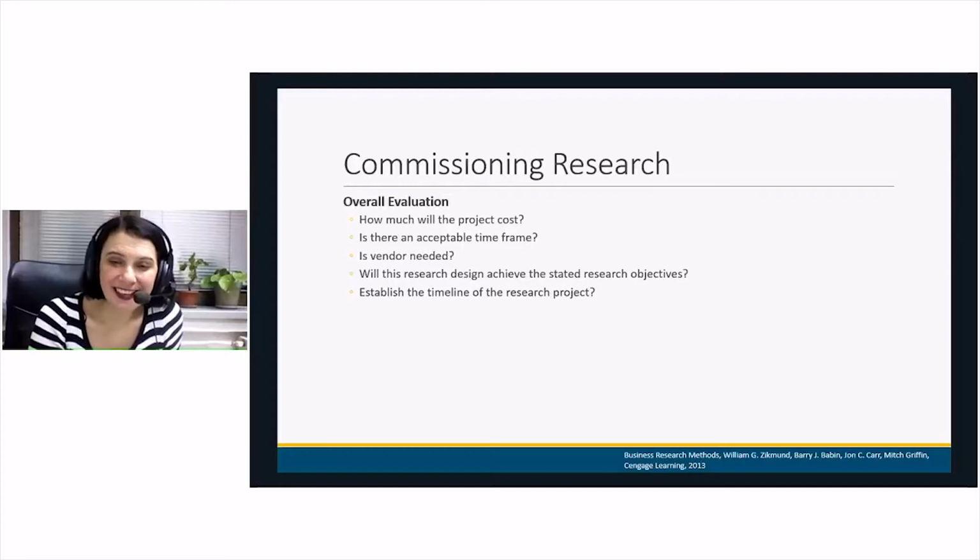You cannot gather data about yesterday, only about the future. So you need time to do that. You can't rush this process of gathering the information.